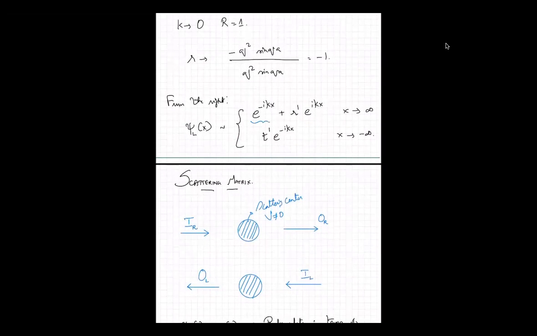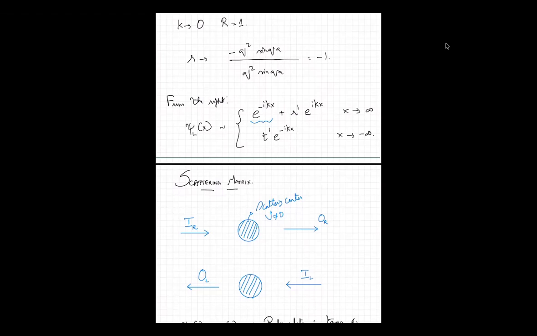The first piece is incoming from the left. It is this guy, right? Now, the second piece, which is r prime e to the ikx, refers to outgoing to the right, this guy. Does this make sense? If there are any questions, please ask.